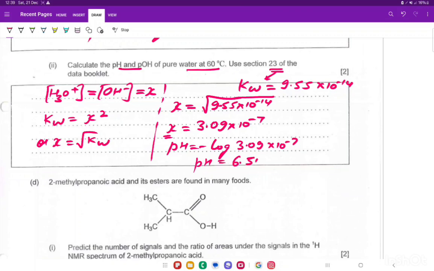He's also asking pOH, and pOH will be equal to 14 minus 6.51, that comes out to be 7.04. That will be the answer.